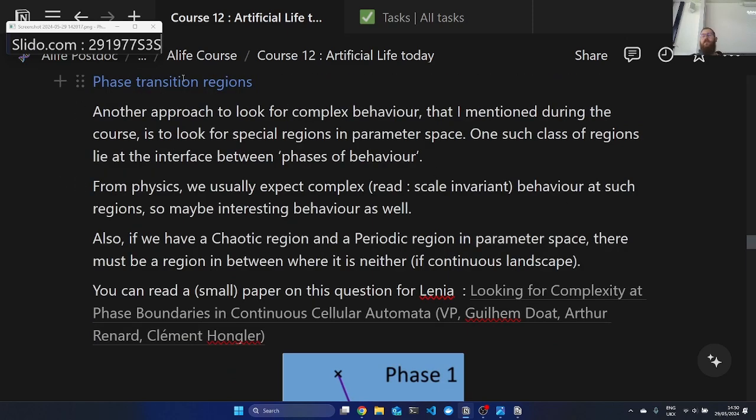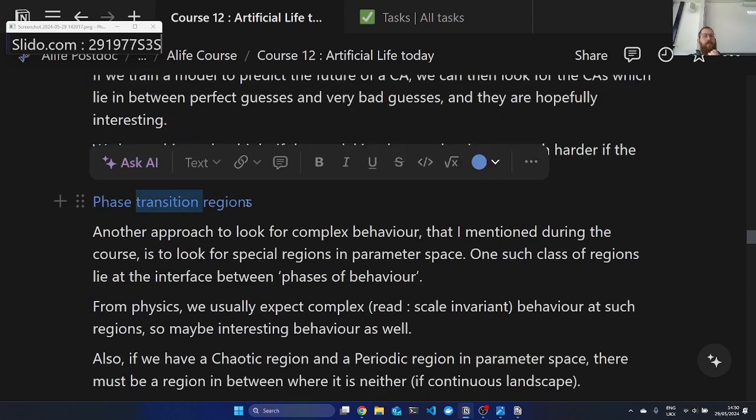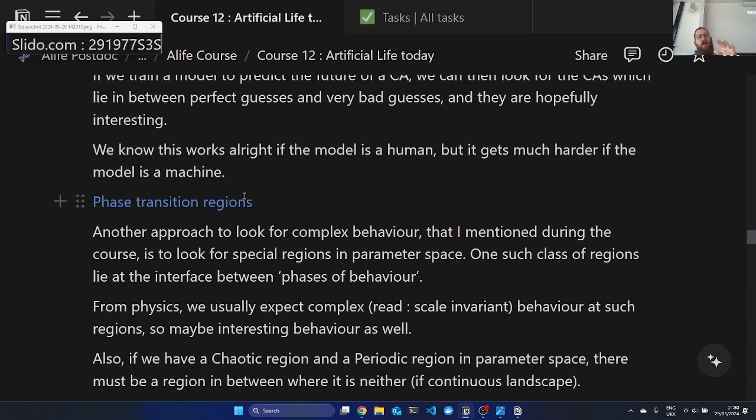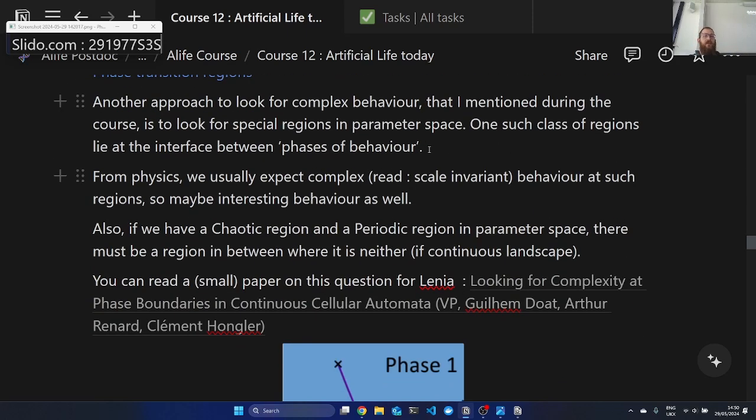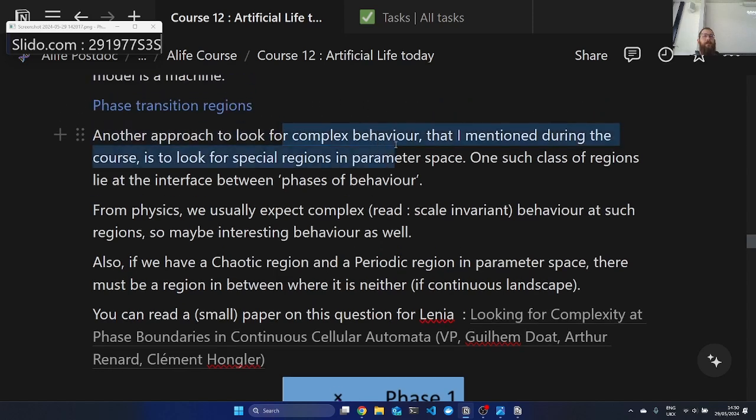Then another approach, which is more kind of theory-based. This is just to say that you can look for complex behavior by looking for special regions in the parameter space of the artificial life model, right?